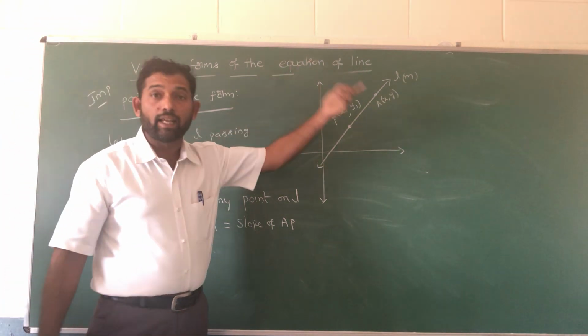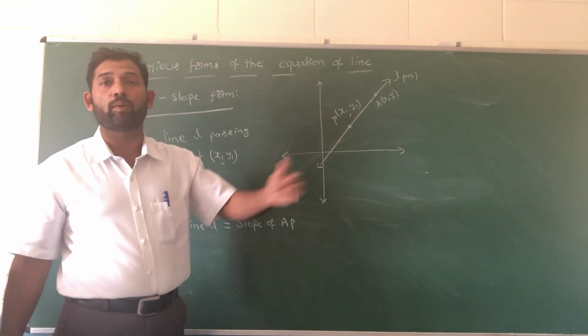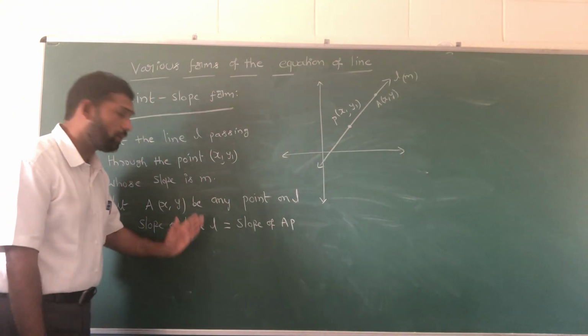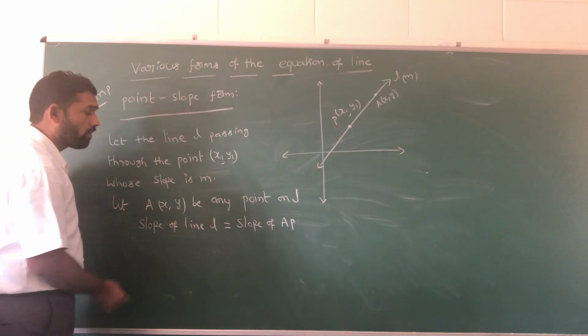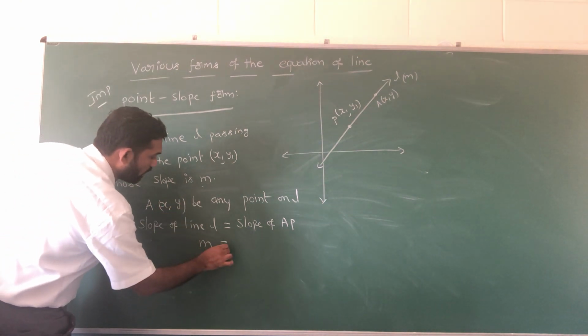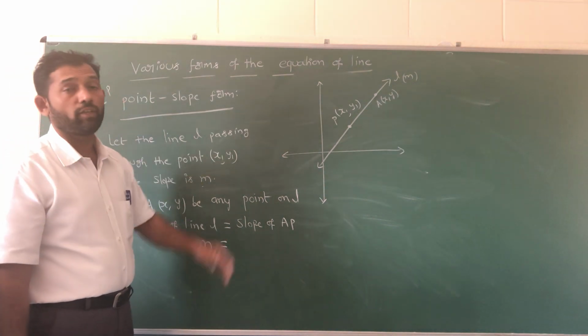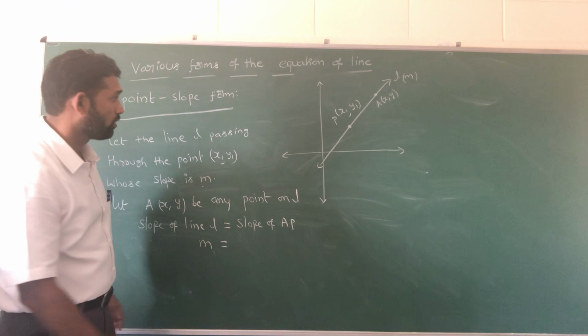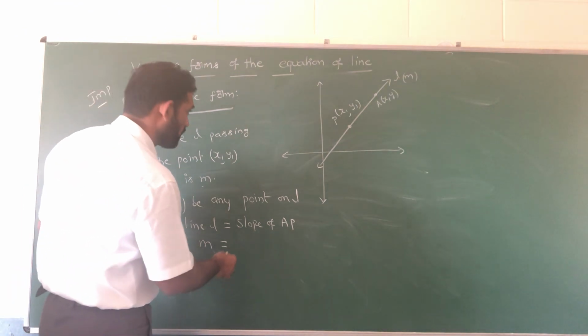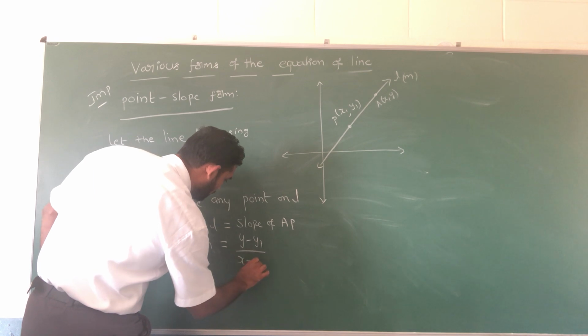Line L has two points, and the slope of those two points and the line's slope are equal. That's why I am taking this condition. Slope of line L is already given as m. Slope of AP, you apply the formula: y minus y1 by x minus x1.